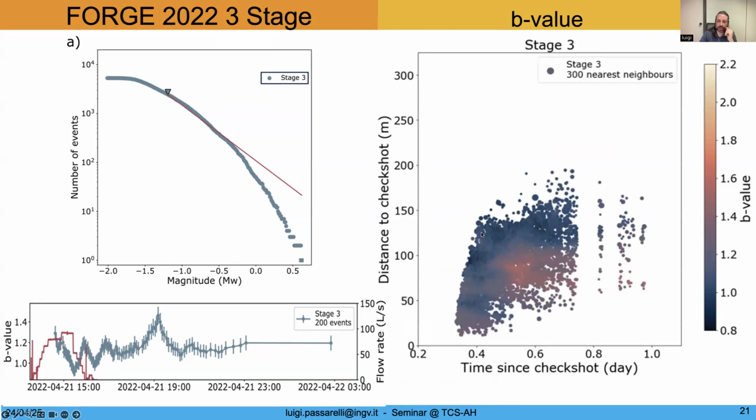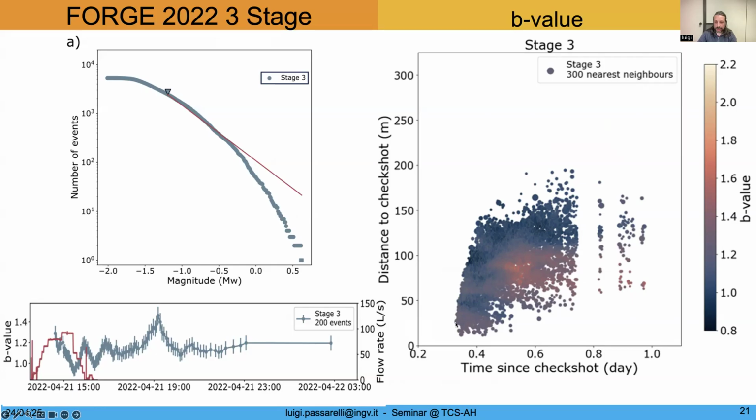So for each point, there is a B-value referring to the nearest 300 events. So it's a smooth picture of the evolution of the B-value. I wouldn't like to comment too much on that in terms of the physics, because you have a clear departure from the frequency magnitude distribution of the Gutenberg-Richter model.